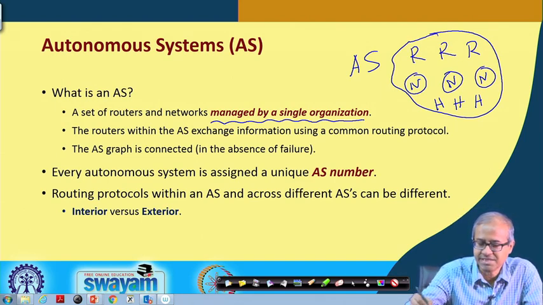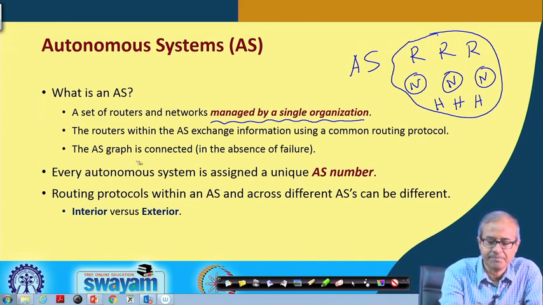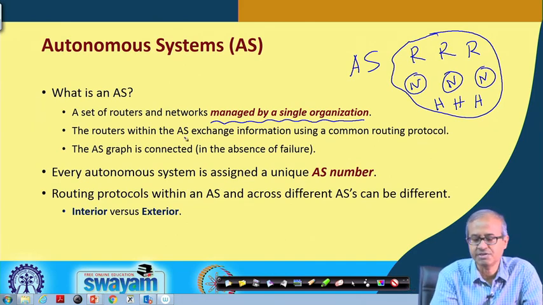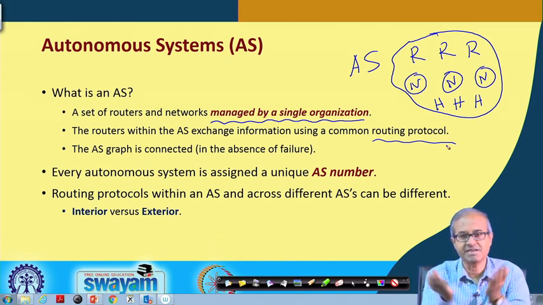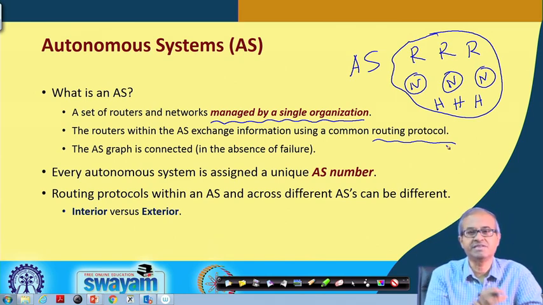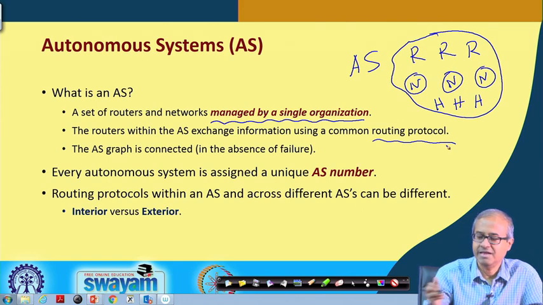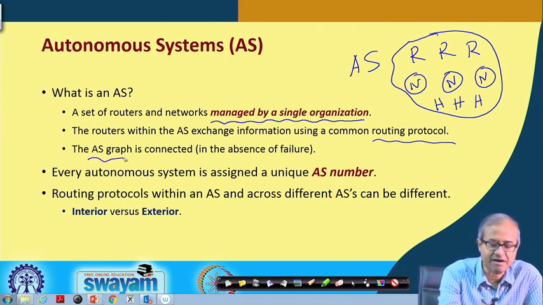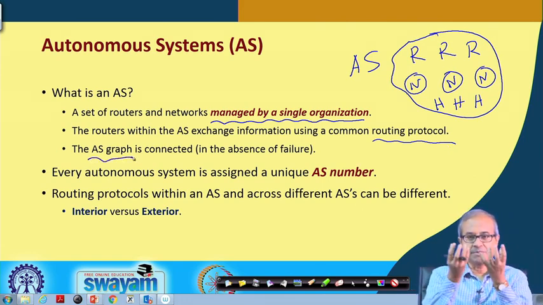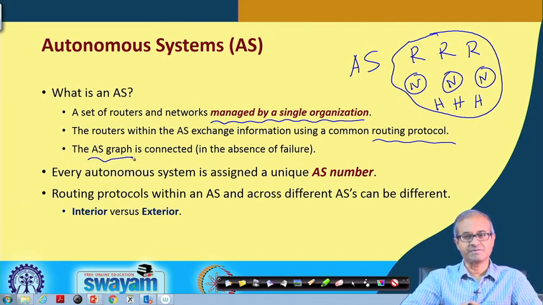Now, the routers within the autonomous system can exchange information using some common routing protocol, because they are inside the organization, so you are following the same rules, same protocols. And an AS graph means, what is a graph? Some nodes connected by some edges.